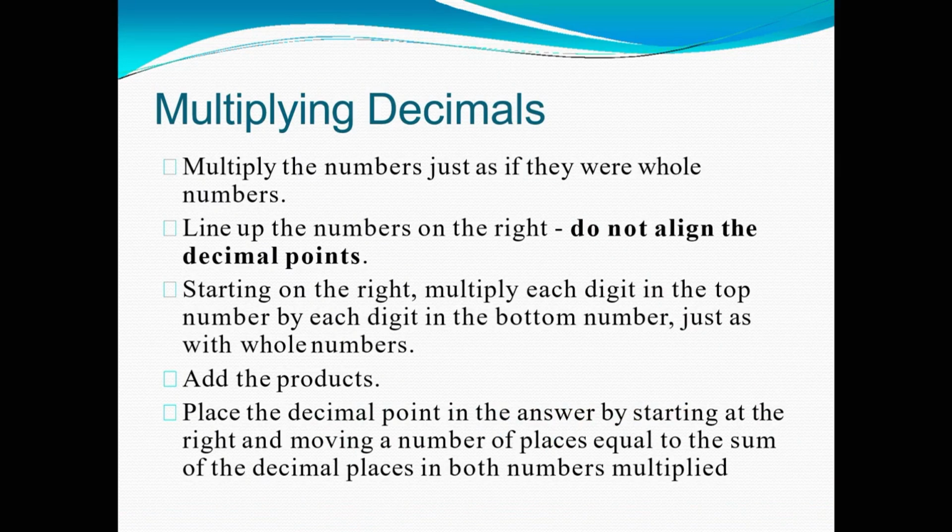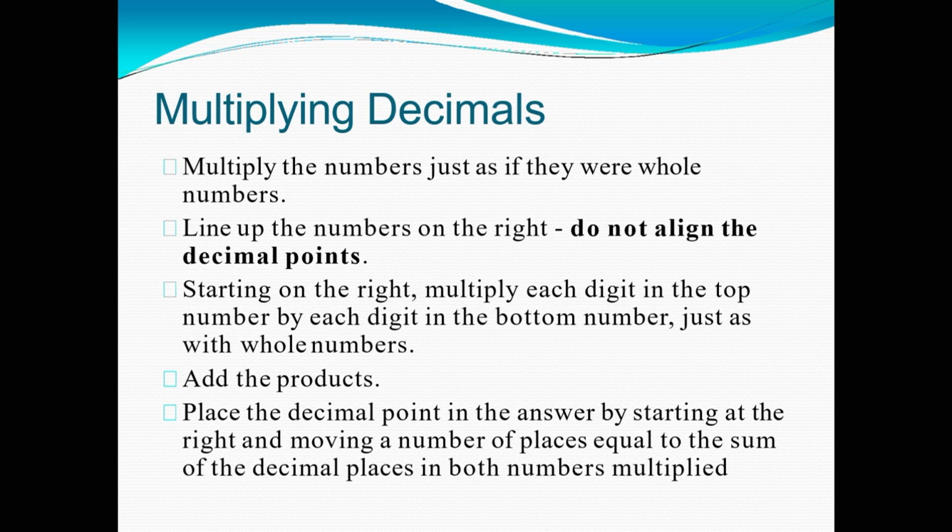multiplying decimals. Multiply the numbers just as if they were whole numbers. There are some steps, and this is the first step. Step 1, once again I want to recall: multiply the numbers just as if they were whole numbers. Line up the numbers on the right. Do not align the decimal points.